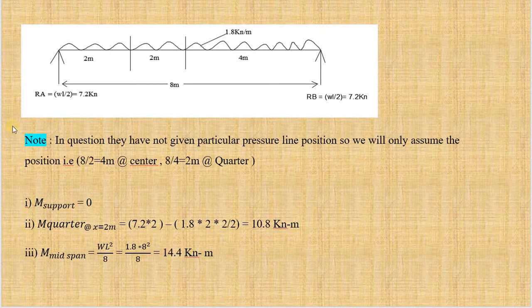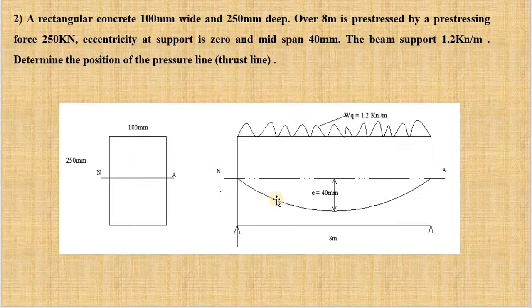Before going to the next step, I just want to explain a few points. Here, it's not a straight cable. We have a pressure line formula as E bar equal to M by P. Capital M by P is a standard pressure line formula. But here we have a curved bar, correct?